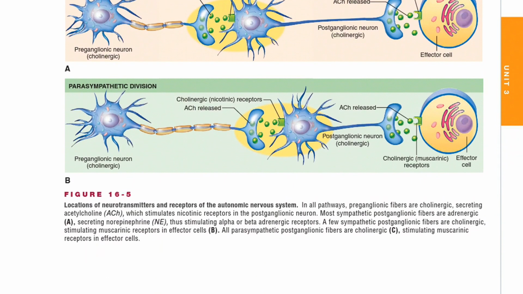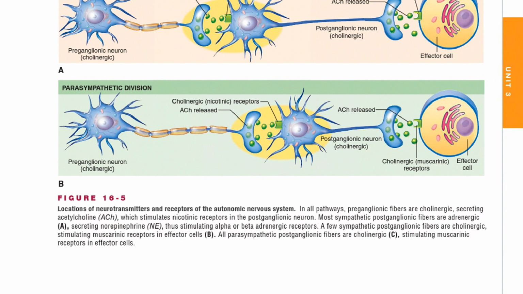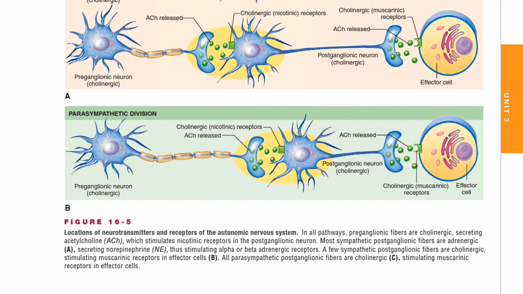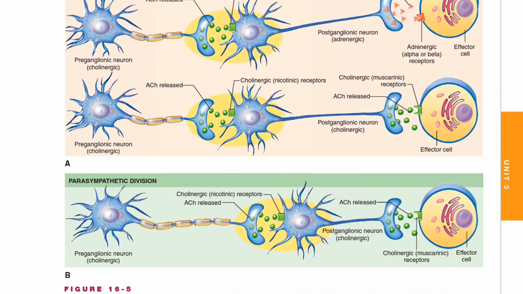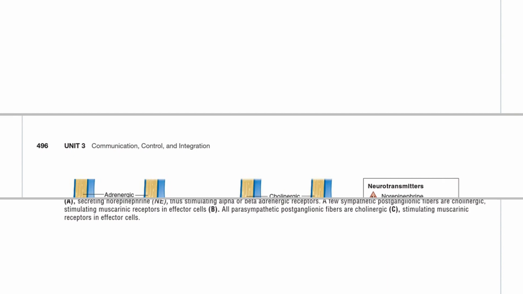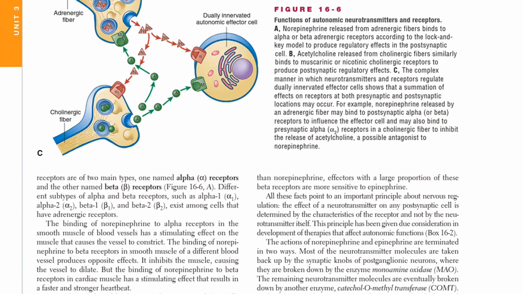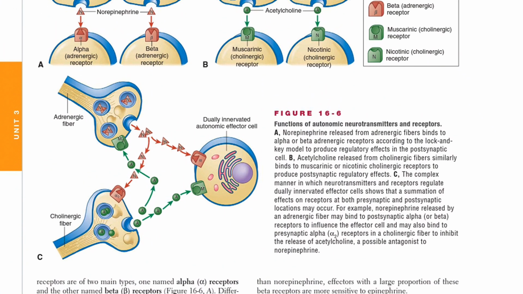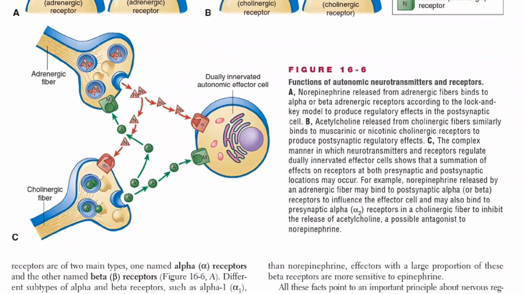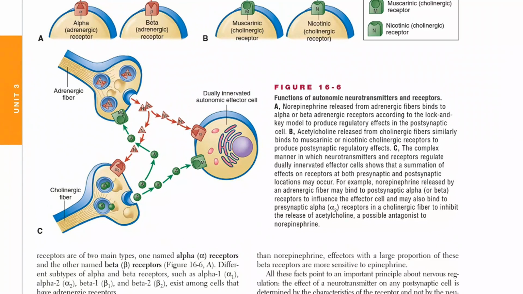And this is the parasympathetic division, with neurotransmitter and receptor. If you are interested, you can go through this, but it is very detailed. Adrenergic fibers, cholinergic fibers.